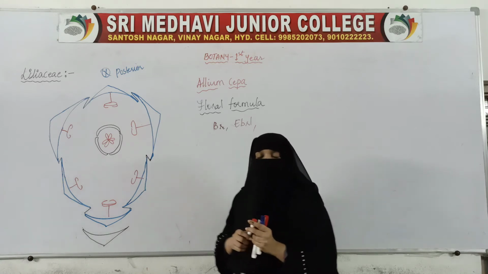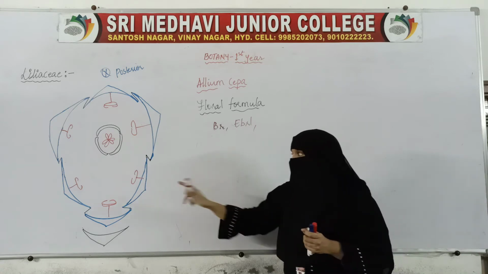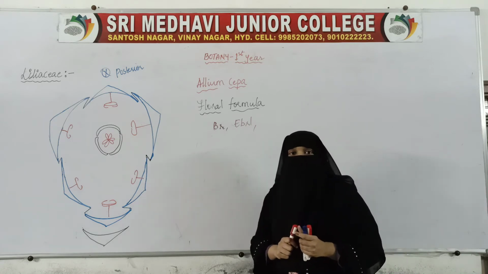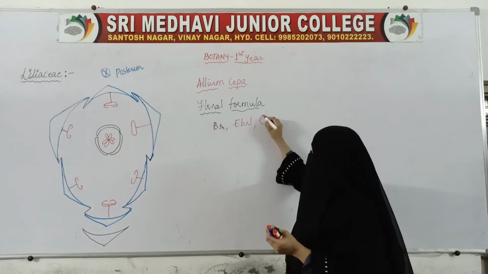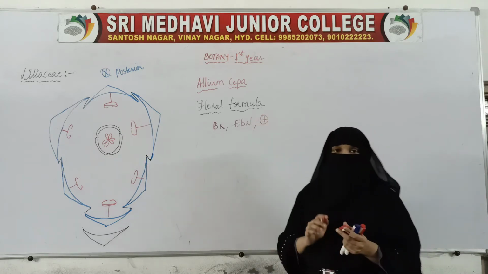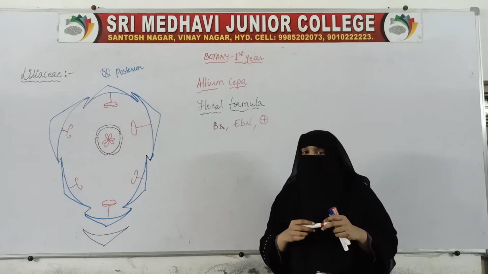If you cut it in any plane, the flower will be divided into two equal parts. So here the symmetry is actinomorphic, that is, radial symmetry is seen.